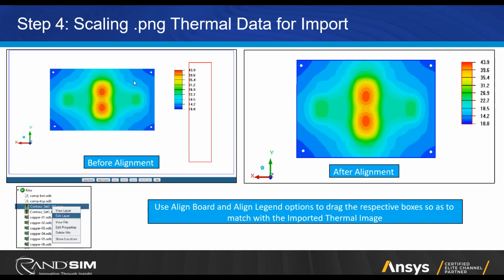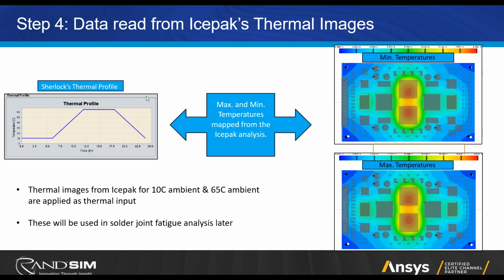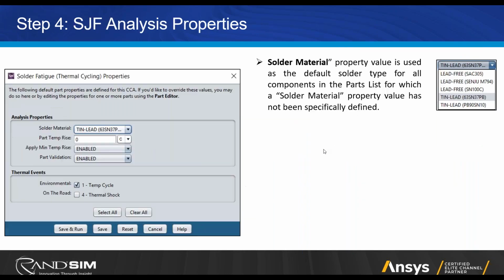You do have to scale the PNG to the extents of the board, which is pretty simple. And then Sherlock knows about this mapping of temperature for each of those 2 ambient temperatures, which is taking those electrical effects into account with the extant conduction and convection as well.